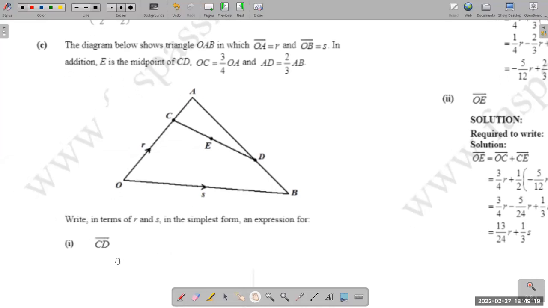So let's go. They want us to express, in terms of R and S, in the simplest form, an expression for CD. So let's look at where CD is. CD, that's what we're looking for. This one is way more complicated. Why is this more complicated, guys? Anybody realize what's going on here with CD?